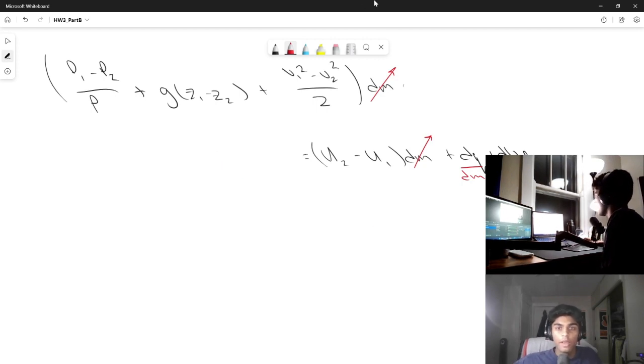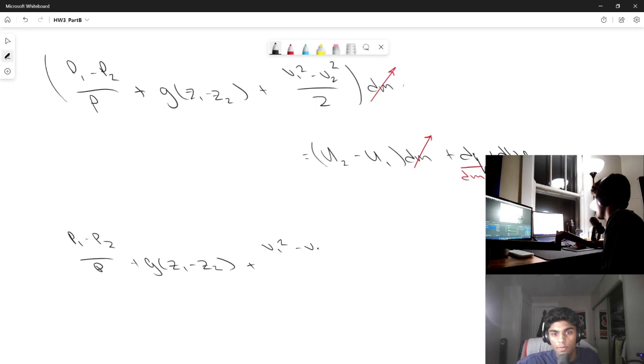And now what we have is P1 minus P2 over rho, plus g times Z1 minus Z2, plus V1 squared minus V2 squared over 2, is equal to U2 minus U1, plus dq over dm, plus d non-flow work over dm.